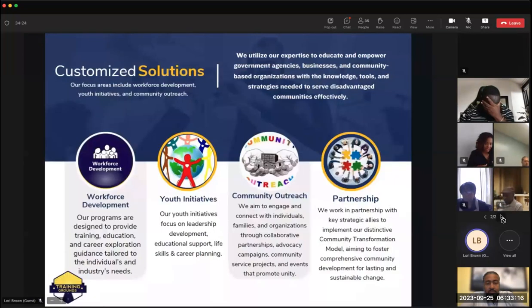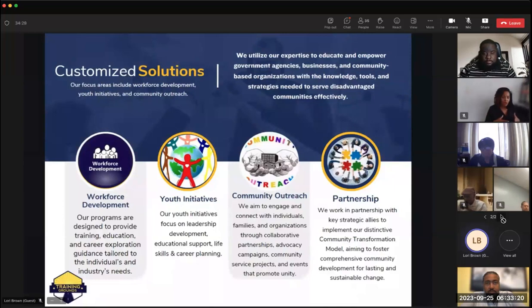time inside of communities. So what we do as an organization, our capabilities are very vast, but to condense it into one thing, we customize solutions. These solutions are focused in the areas of workforce development and youth engagement, and also in outreach.